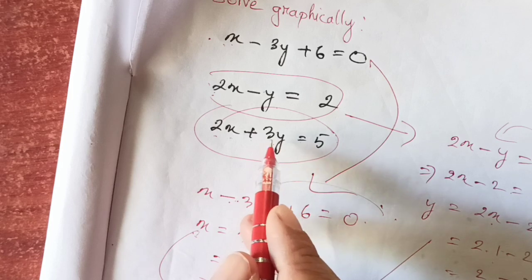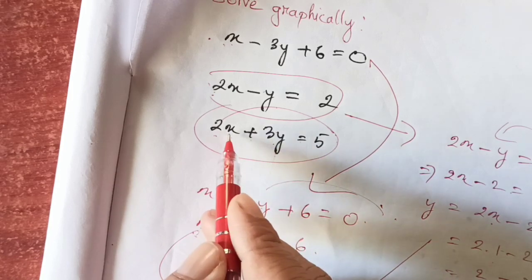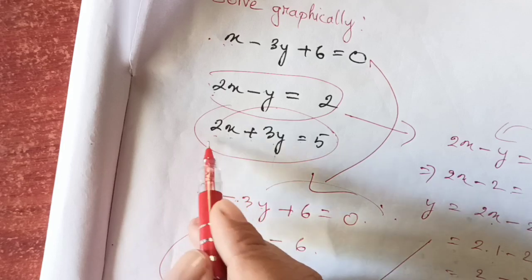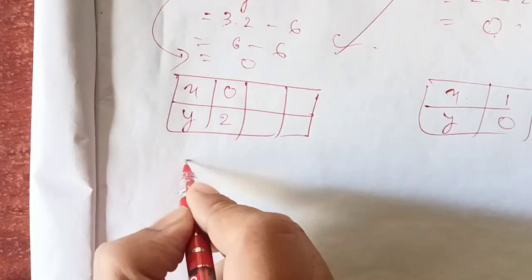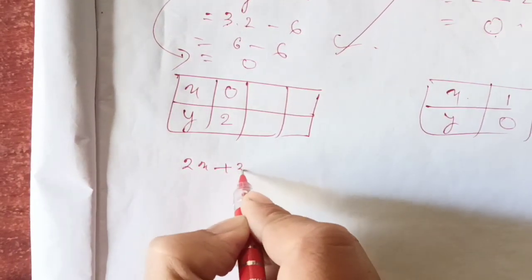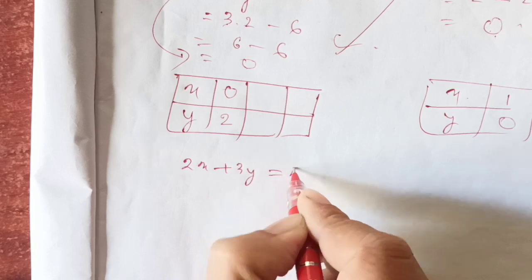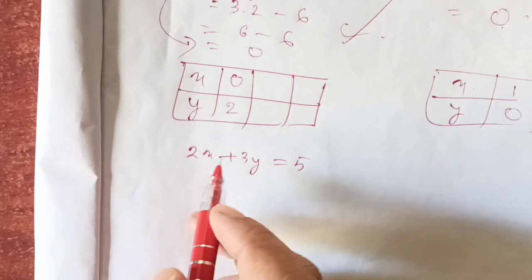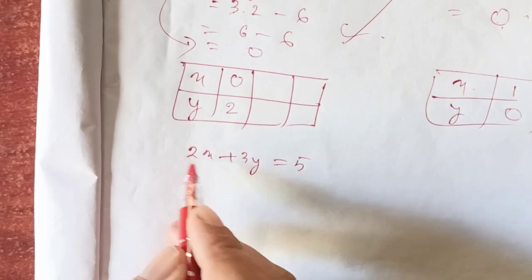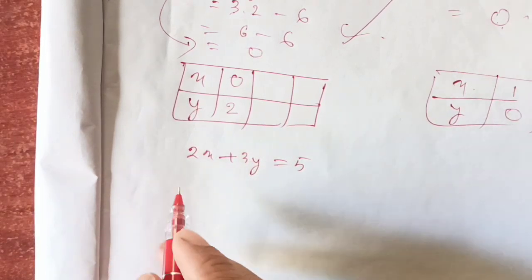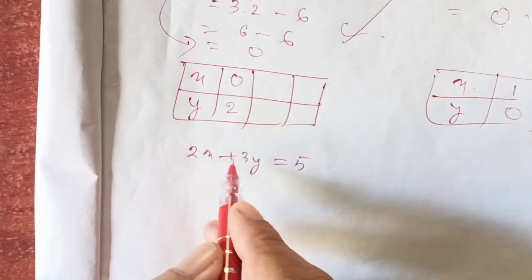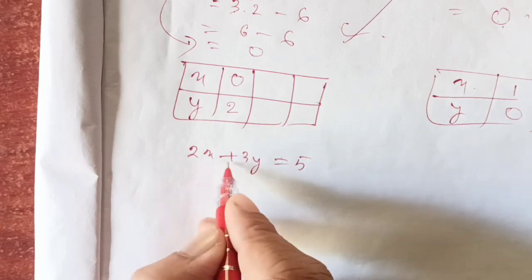Here y is together with 3, which is an odd number, and x is together with 2, which is an even number. In such a type of equation, twice x plus 3y equal to 5, you keep the variable which is with the even number, as it makes it easy. So you keep the variable x, which is with the even number, and then transfer the remaining.